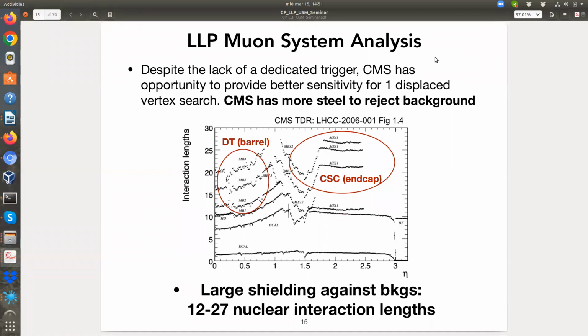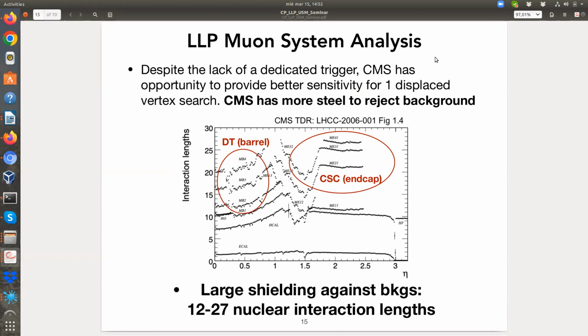While we thought we could do better, because we had the other handle, which was having more steel, more backward rejection. That's by design, though it was unintended. I was obviously not part of the design of CMS, but we're trying to see what the detector can do now that it wasn't planned to do.